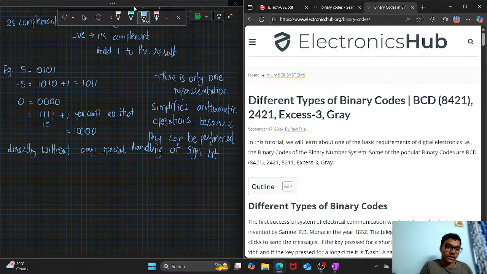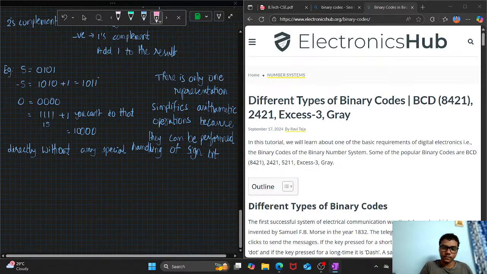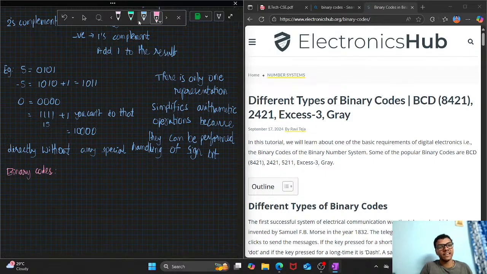A way of representing data in binary format.